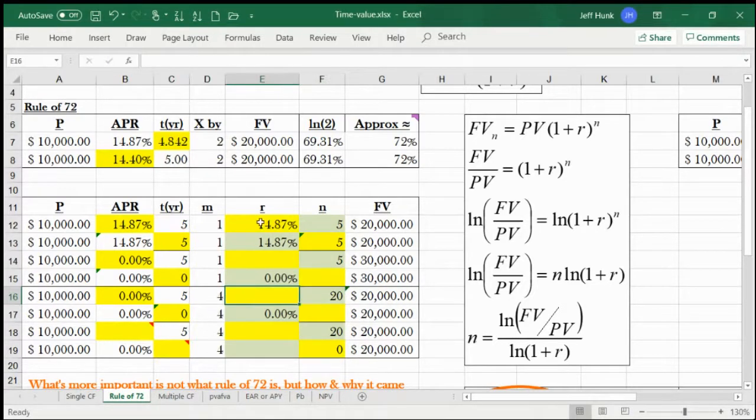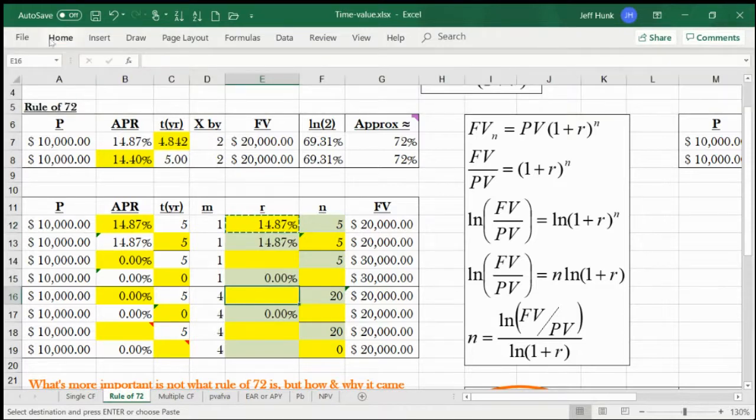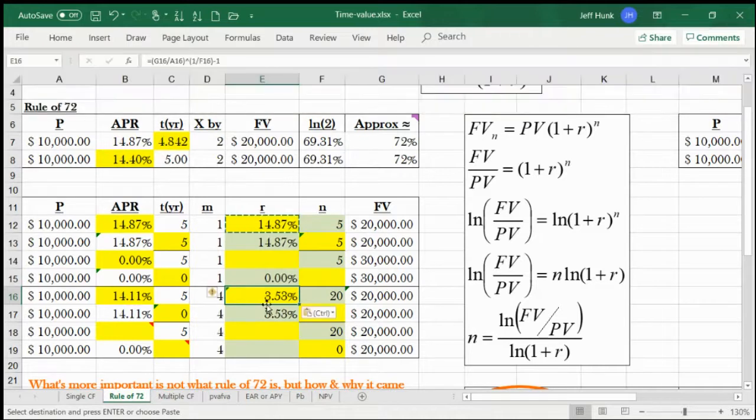And if you find the periodic rate, you don't need to do it again, you simply paste it, copy and paste. Then what does that mean? Periodically, quarterly is going to be 3.53. And if you convert it into an annual rate, which is simply the quarterly rate times 4, you see, this conforms to what you have learned.